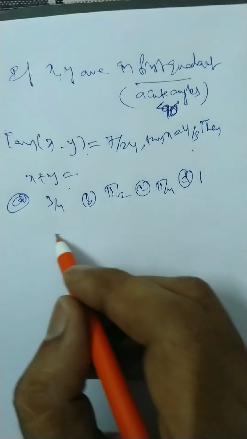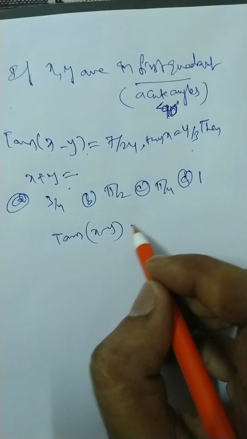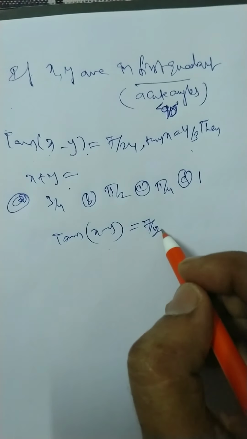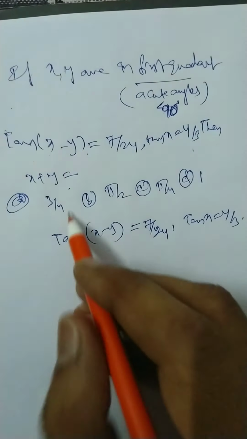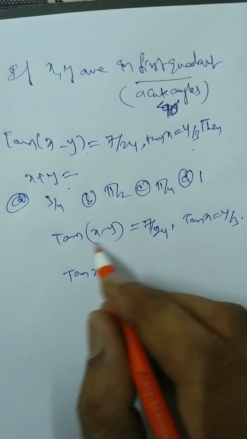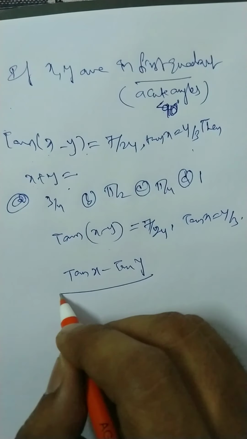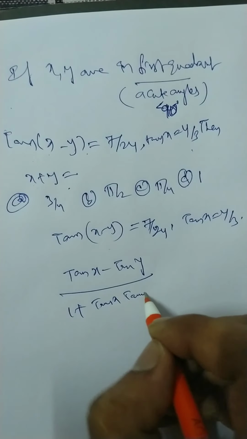So we use this information regarding tan of angles to get the value of x plus y. We know that tan of a minus b is equal to tan a minus tan b by 1 plus tan a tan b.